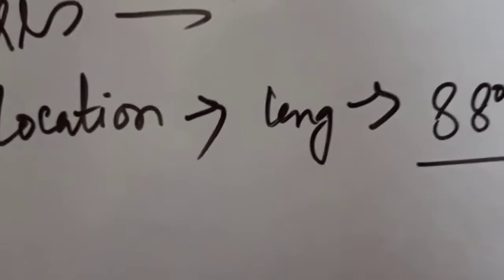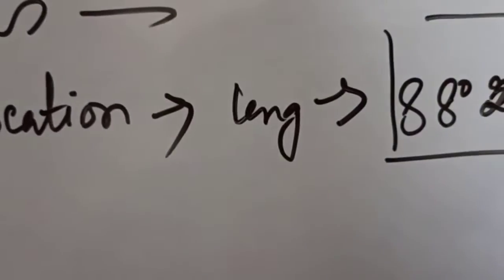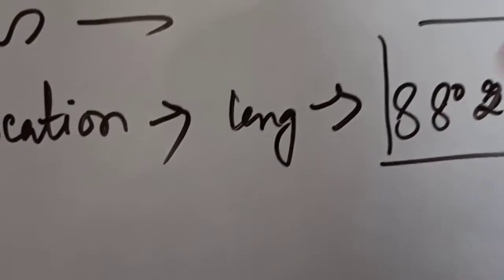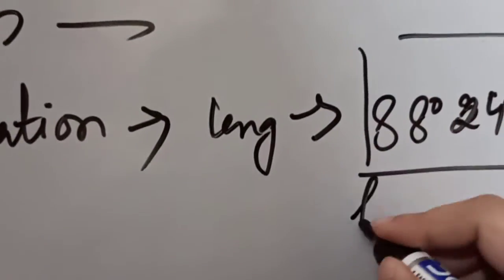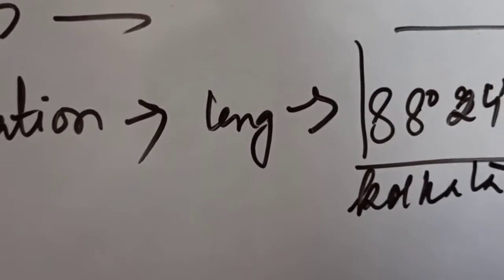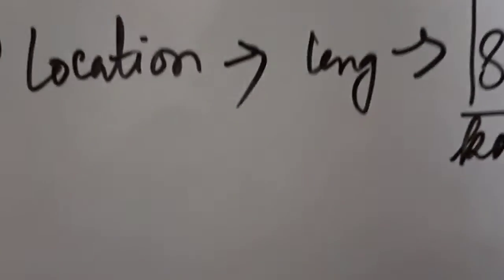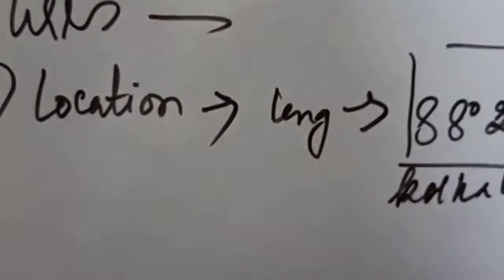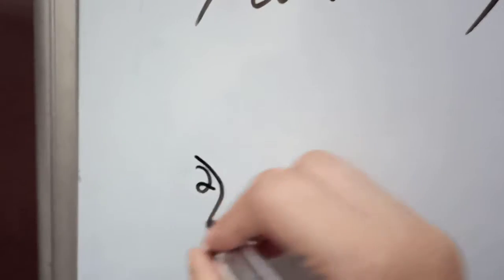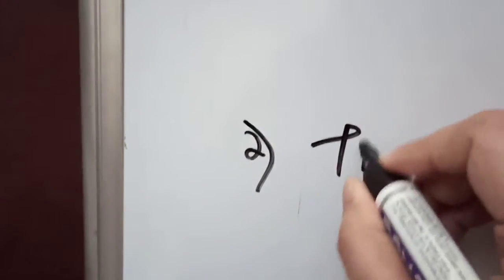With the help of this longitude, anyone can locate where Kolkata is situated. The exact location of any place is actually obtained by the point of intersection of both the latitude and the longitude.